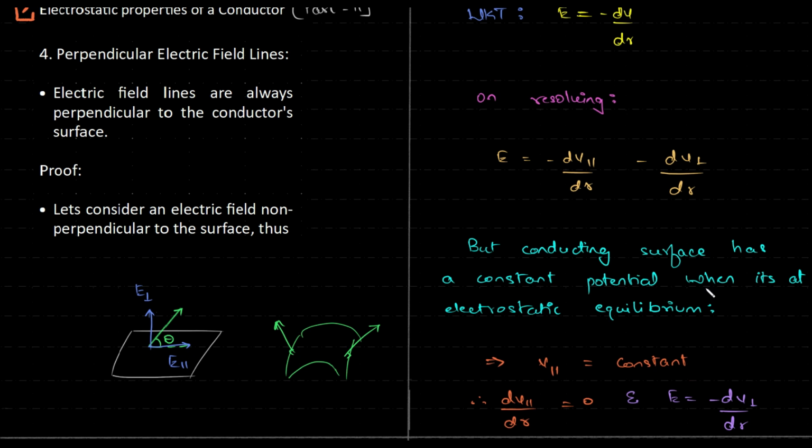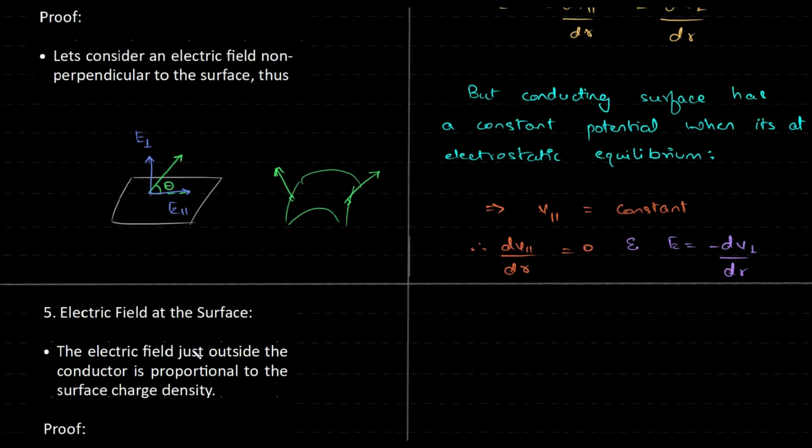It's always perpendicular to the surface. Agree? So the rate of change of voltage with respect to distance happens only in the perpendicular component and not anything to do with the parallel component. So that's how you can prove that.